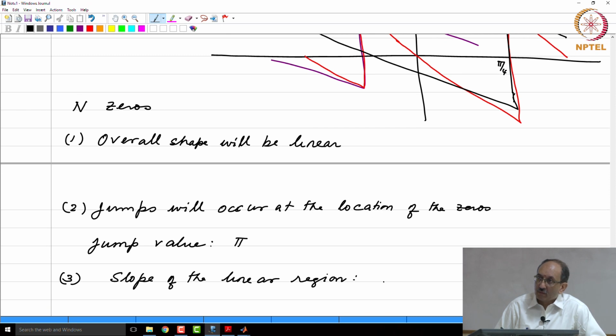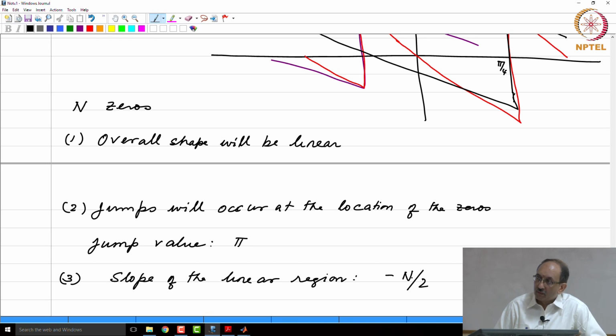If you add n such linear curves, the overall slope will be minus n by 2. Therefore, any collection of zeros on the unit circle will give rise to linear phase response except at the location of jumps, and the jumps will always have a value of pi, and the overall slope will be minus n by 2.